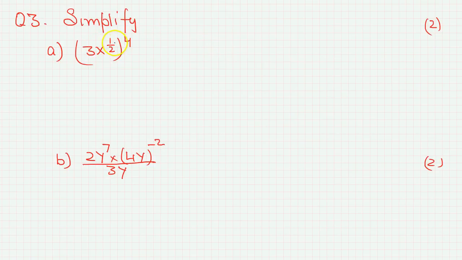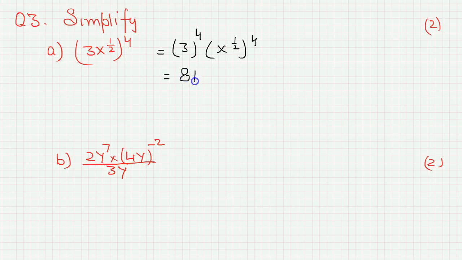Question number 3. We have to simplify. This is 2 marks and 2 marks. The first part is (3x to the power half) to the power 4. So let's divide it into 3 to the power 4 and x to the power half is to the power 4.